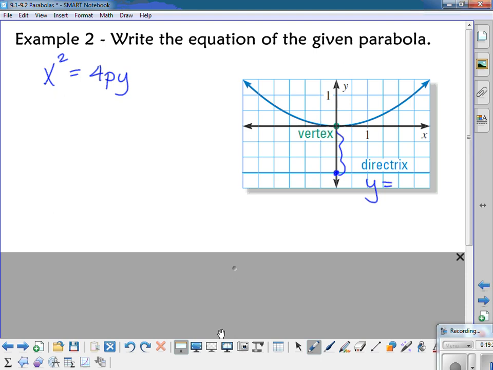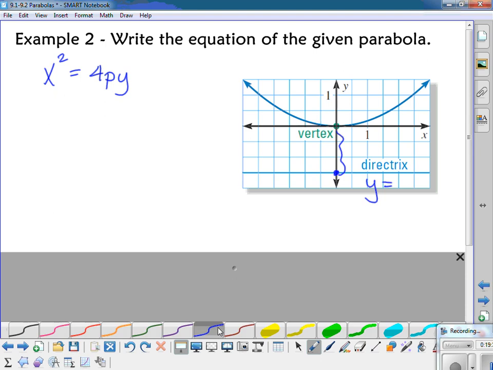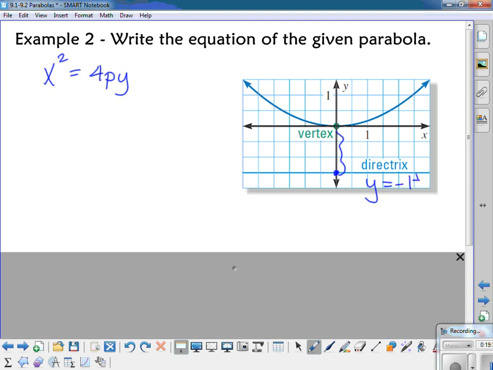What is each of the squares worth? 0.5. Actually, each of the squares is worth a half. So yeah, you have to be real careful with that. So the equation of my directrix is y equals -1.5, right? Or -3/2. So if y equals -1.5 is my directrix, then that means that p is a positive 1.5.